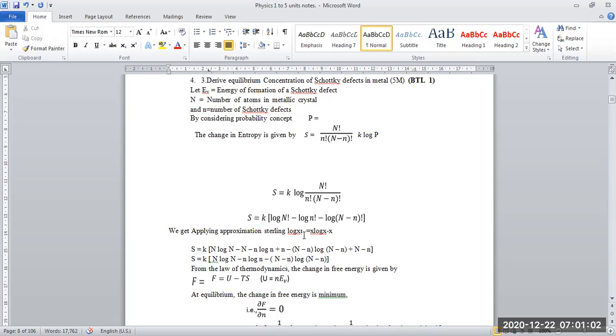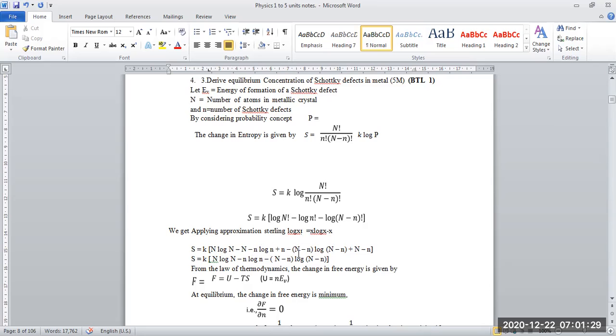So what is the factorial term here? x log x minus x. So already minus is there. When the negative term goes inside, so what will come? Minus n log n plus n. I think you are very much clear about this. Now, minus is already there here again. So log of N minus n factorial. So we have expanded according to this particular term here.